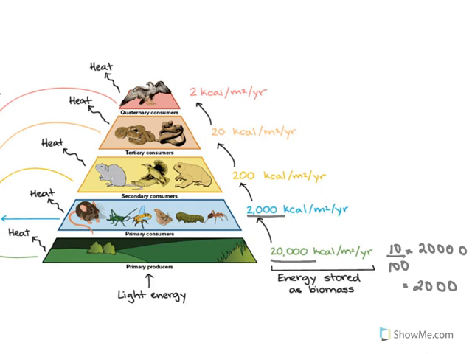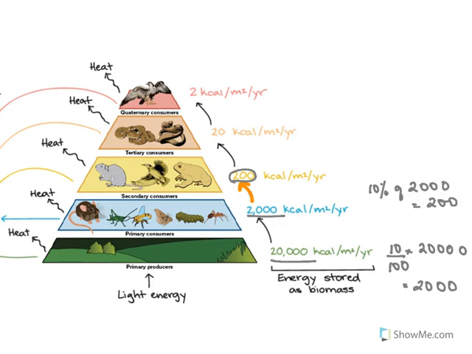From the primary consumers, when energy is now transferred to the secondary consumers, again when we do the calculation, we will do 10% of 2,000. And that 10% of 2,000 will be 200. So 200 is now available at the next level.